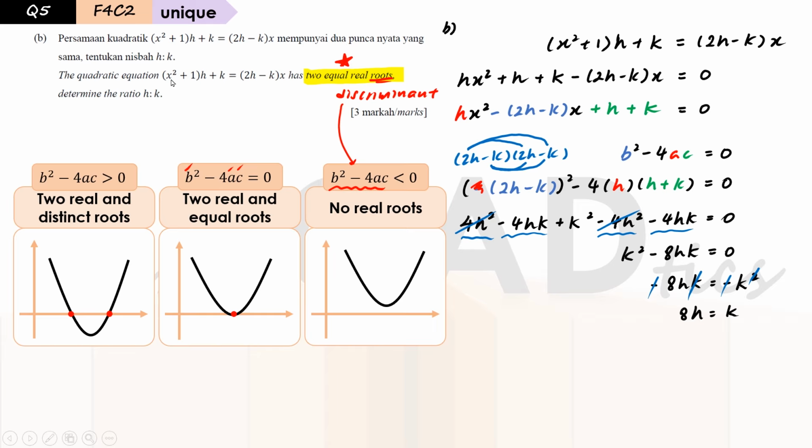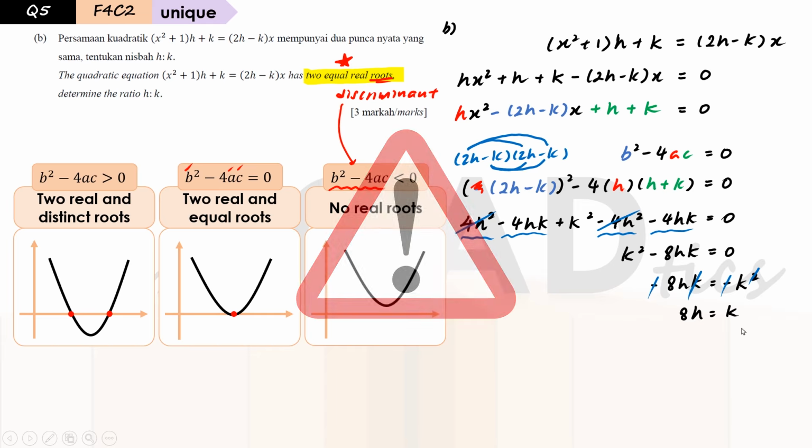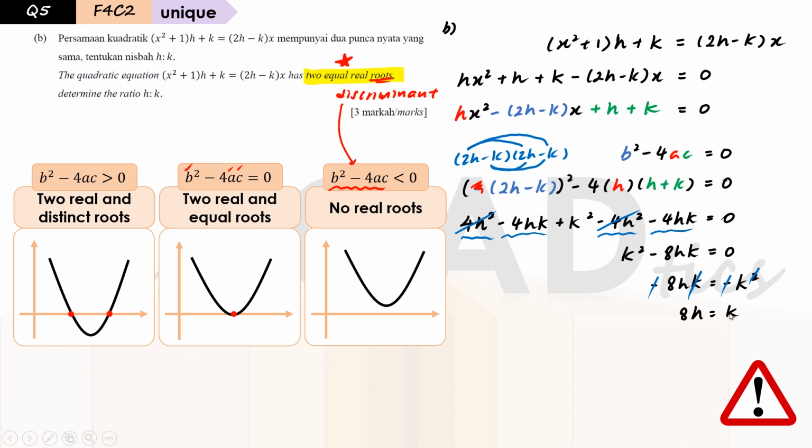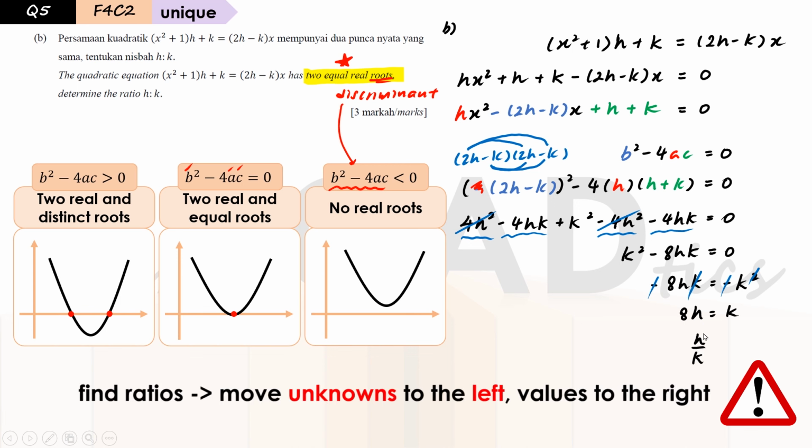So how do we find the ratio h to k based on here? What I will do is move the k to the left side, so here will be h over k, and the value here I'm going to move to the right side. Why I did this is because you can clearly see by comparing above and below.